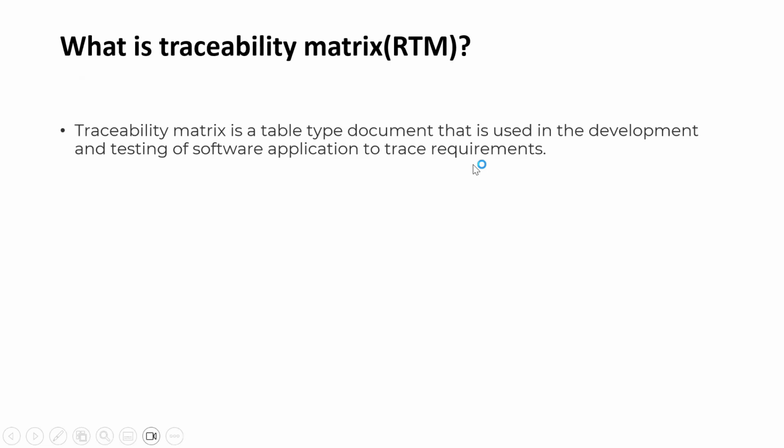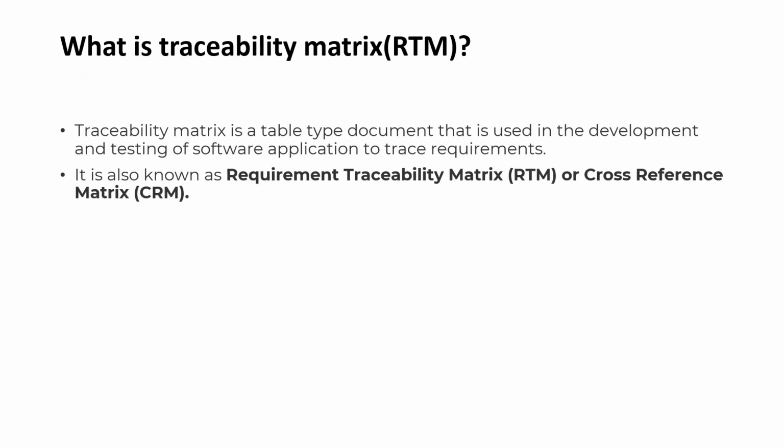Traceability matrix document contains everything like your business requirement, your functional requirement, your test cases, whatever test cases you have written to cover the functionality, and defects which we find while testing. It is also known as requirement traceability matrix, that is also called RTM or cross reference matrix, CRM.